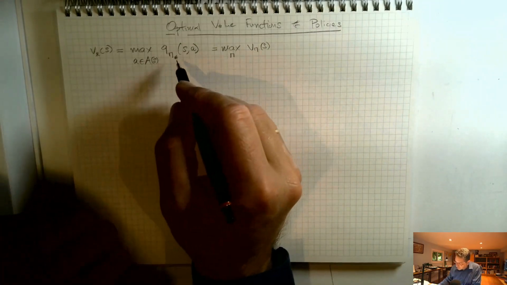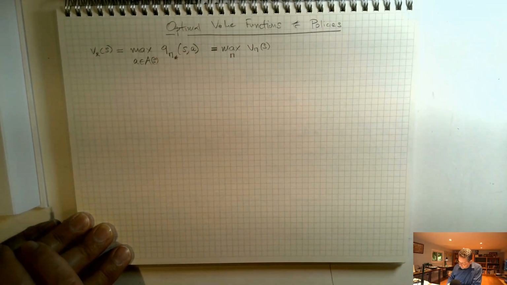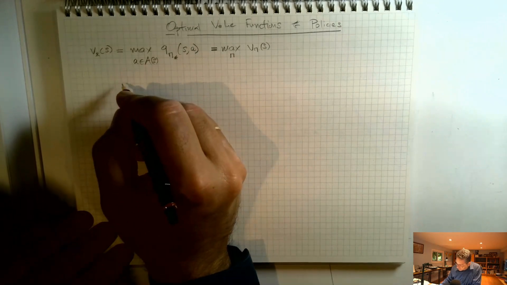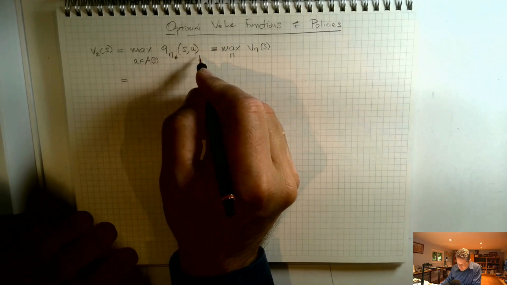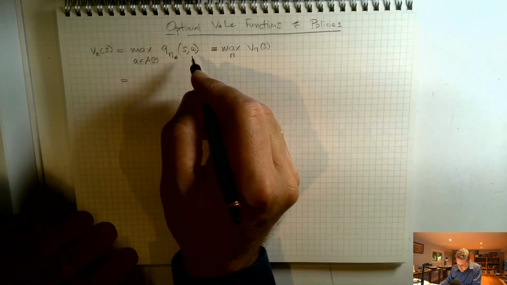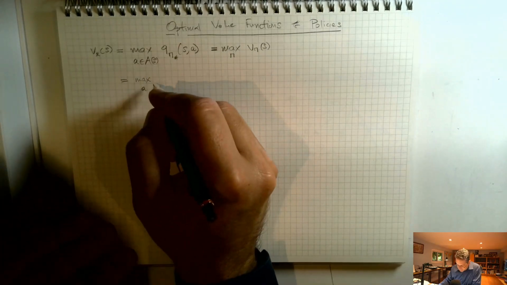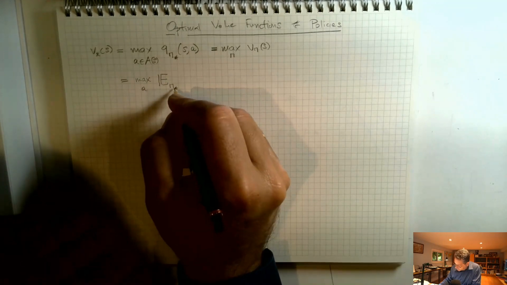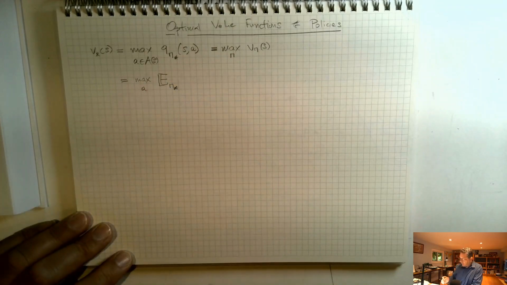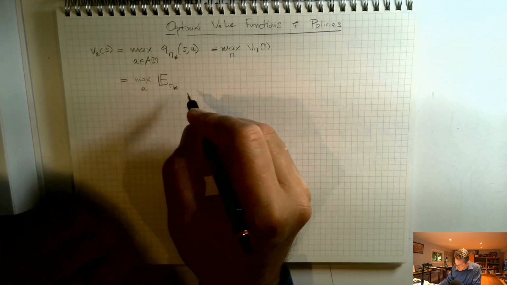We are writing it this way because it gives us the expression in an easier way to understand. If we replace the expression for the Q function, we have max over A of an expectation over pi star. I hope it is understood that the pi star here is in fact a conditional.